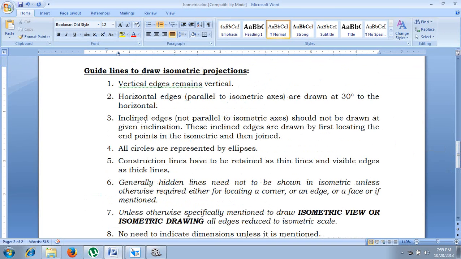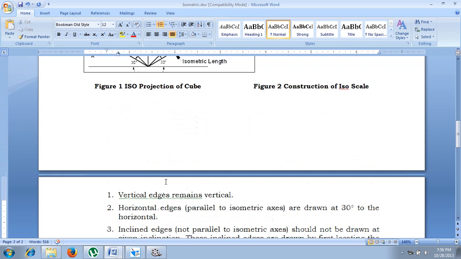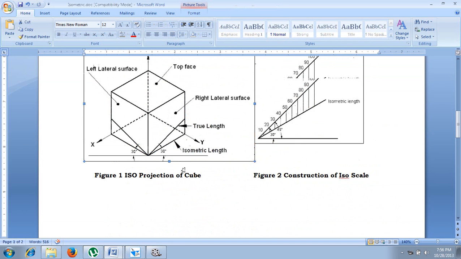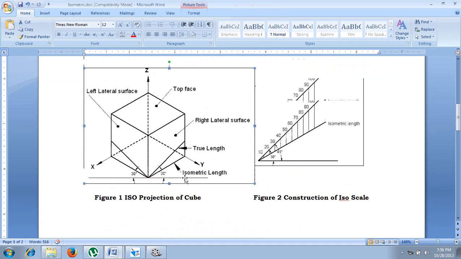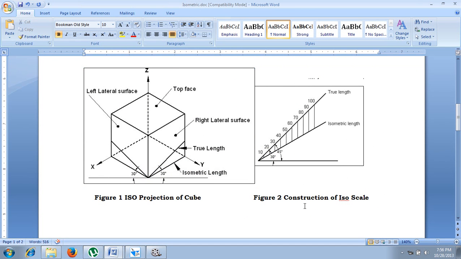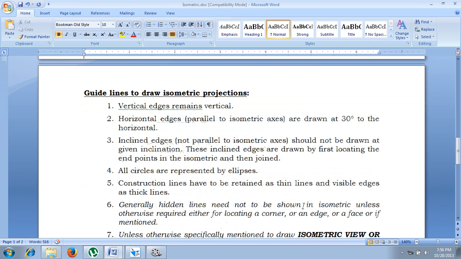It depends. And the third point: inclined edges not parallel to isometric axis should not be drawn at the given inclination. These inclined edges are drawn by first locating the end points in the isometric, and then they should be joined. That means if you have any inclined line, you cannot draw the inclined line at the given inclination. You have to find out its actual position and then join the lines.